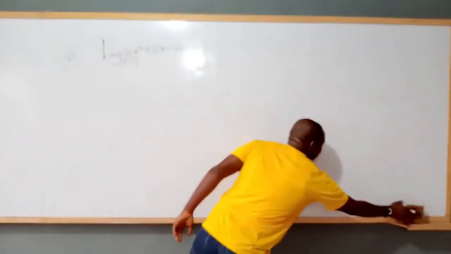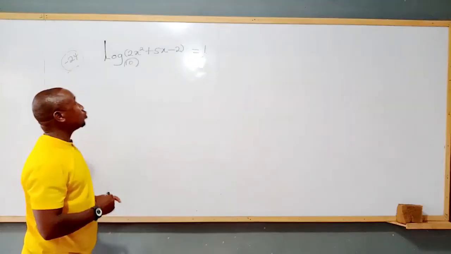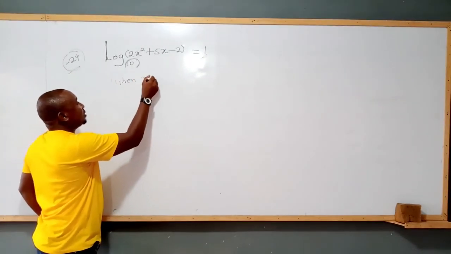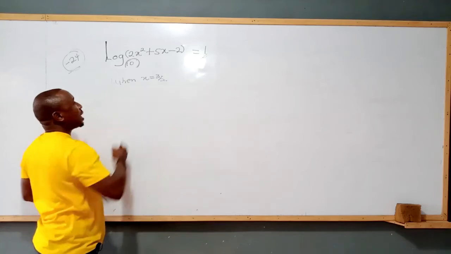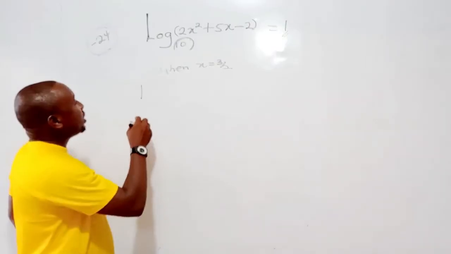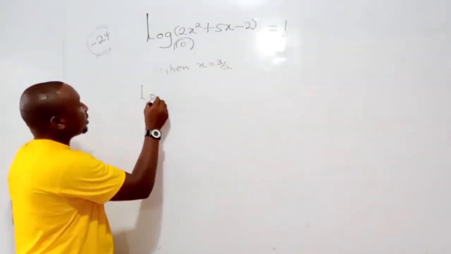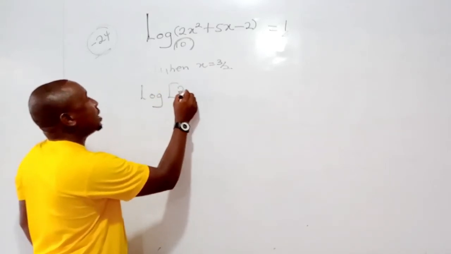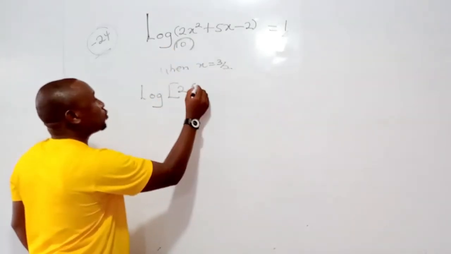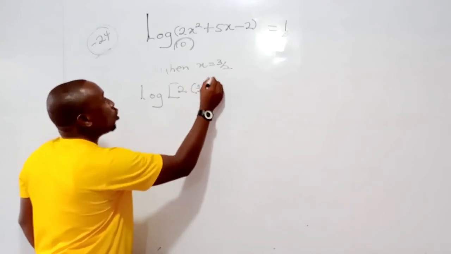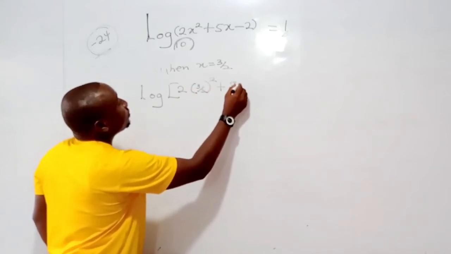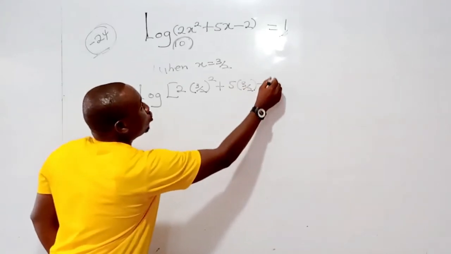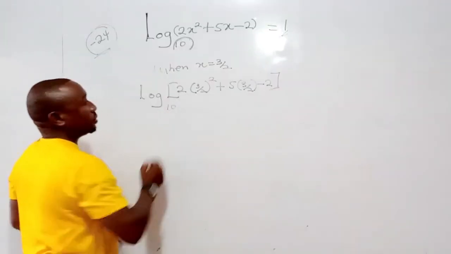So we are considering x is equal to 3 out of 2. When x is equal to 3 out of 2, let's check whether it will make the equation true. That will give us log of 2 here. Wherever you see x, you put 3 out of 2: 3 out of 2 all squared, plus 5 times 3 out of 2, minus 2, to the base 10.